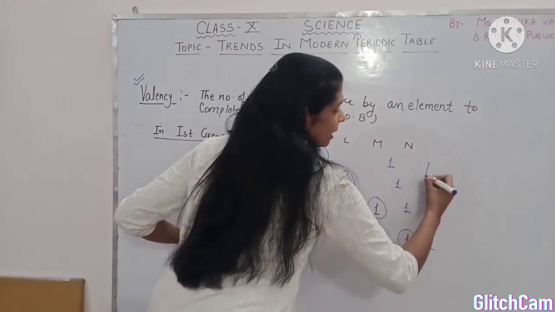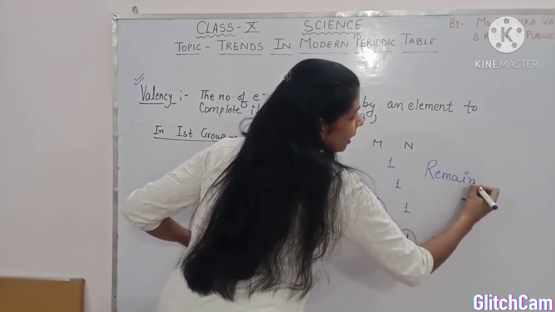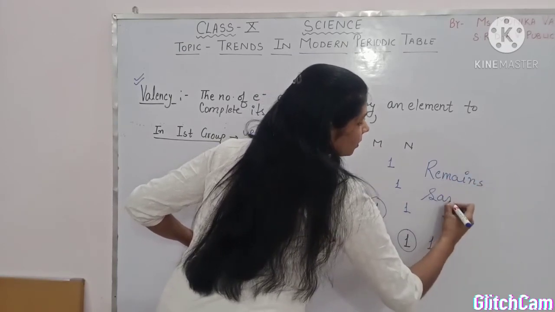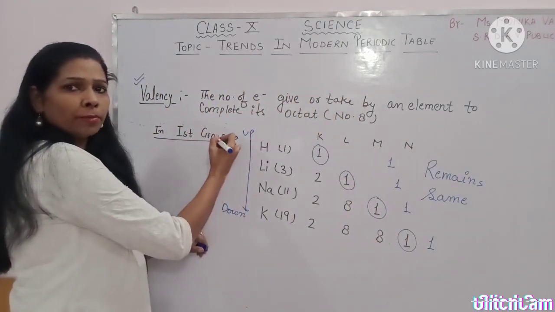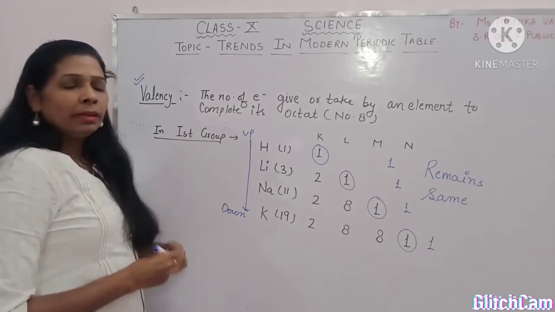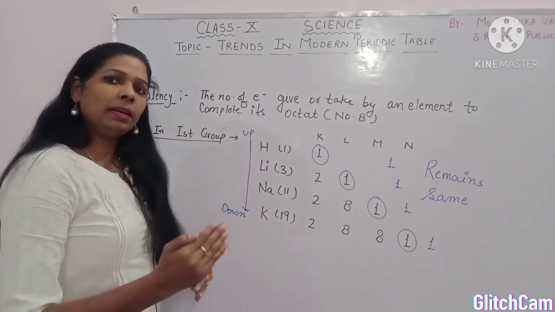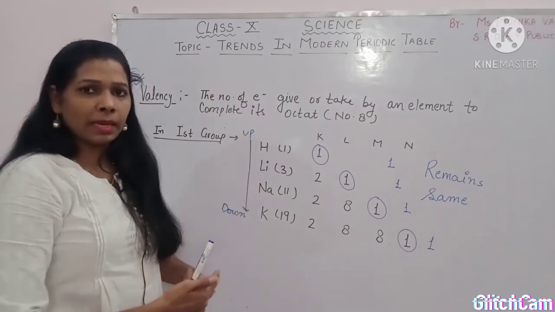So we can say that the valency remains the same in a group when we are moving from top to bottom. So in a period it first increases and then decreases, and in a group it remains the same.